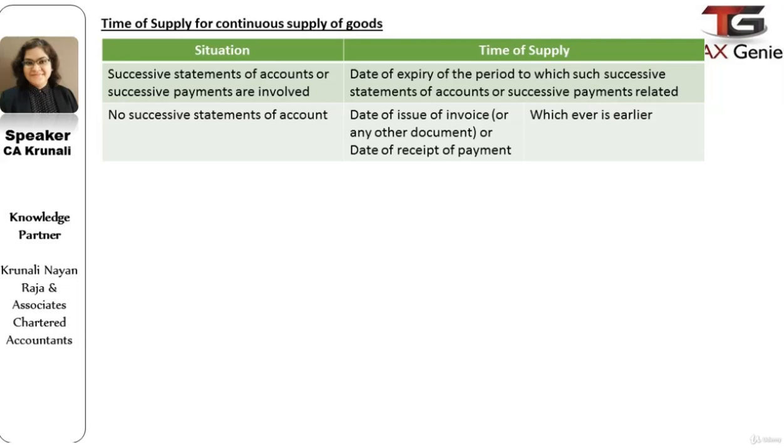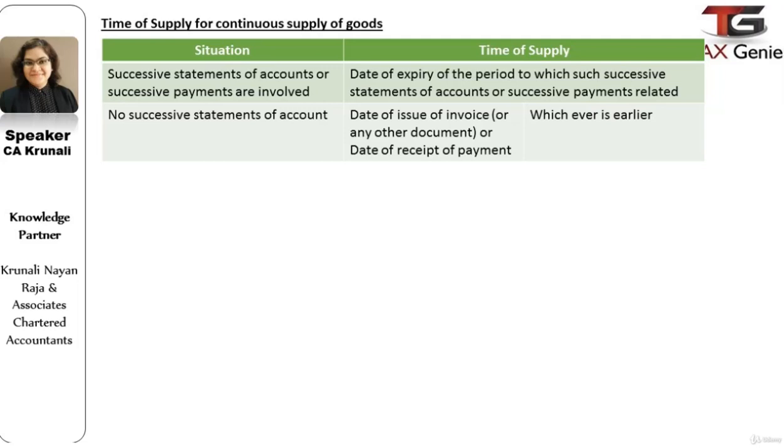Now, let us understand what would be the time of supply in case of continuous supply of goods. So, assuming a situation where successive statements of accounts or successive payments are involved in case of continuous supply of goods. In this case, the time of supply would be the date of expiry of the period to which such successive statement of accounts or successive payments are related.